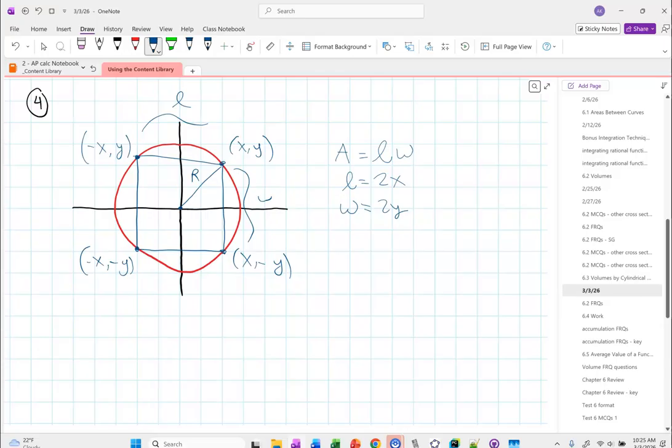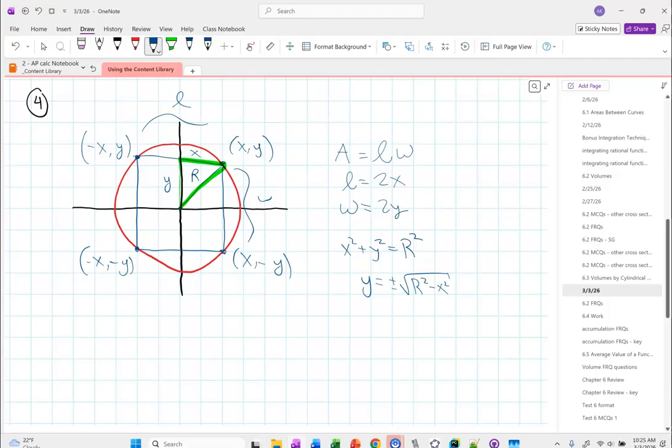Now, I'm going to want to rewrite these so that I've eliminated one variable. I just want to have either x's or y's. It doesn't really matter which one, so I'm going to just go with x's. If I look at this part of my picture, that's a right triangle with radius r, right? So x squared plus y squared is equal to r squared. So y is plus or minus the square root of r squared minus x squared.